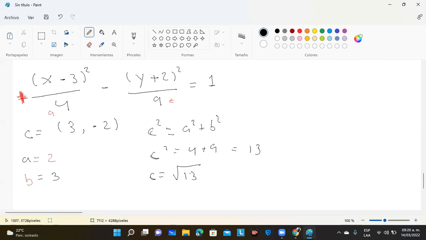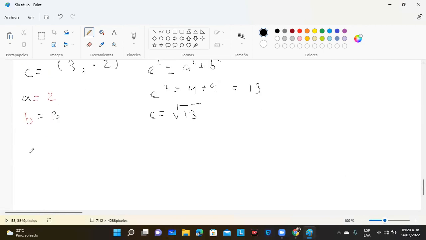Okay, so now we have found A, B, and C. Now let's find the vertex. We can start graphing using this, okay? So we are going to start graphing.